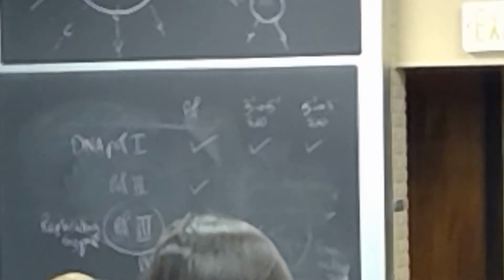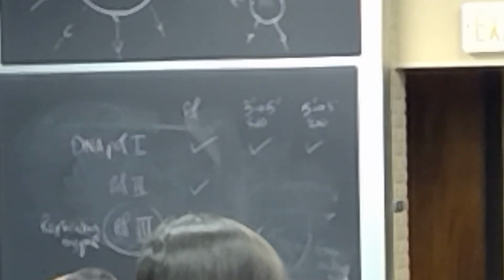Pol 2, Pol 4 and 5 are primarily involved in repair. Let's say there is damaged DNA. It removes the damaged nucleotide, so there is a gap which starts to repair. Some of these come into play there.